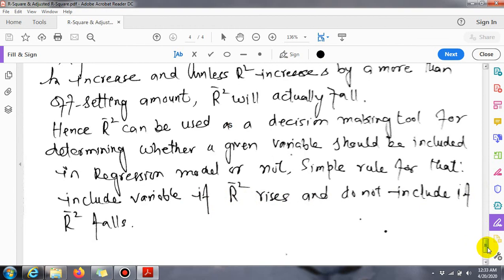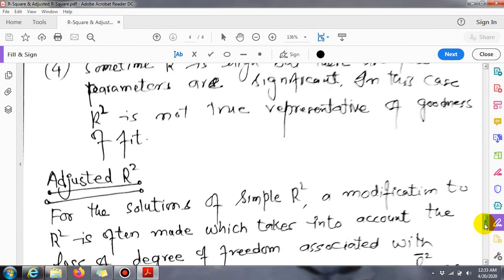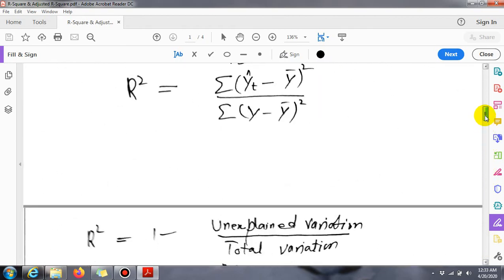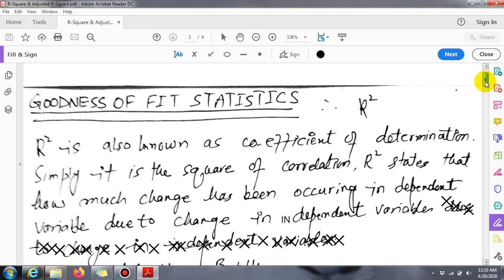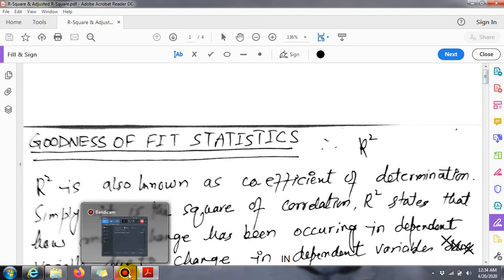So this is the simple interpretation for R square and adjusted R square. You have learned that simple R square will increase if the number of regressors increases, and a higher R square is attached to multicollinearity and some other issues at the same time, but the adjusted R square will be the best goodness of fit test for the regression line.